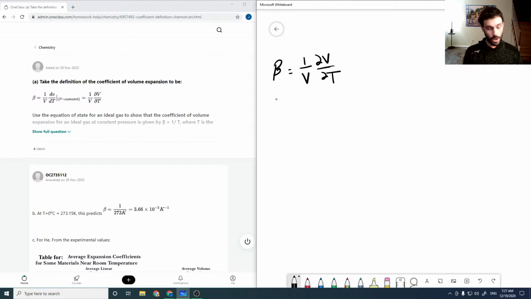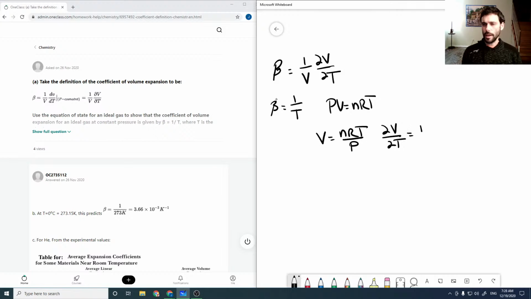And it says to show that beta is 1 over T with the ideal gas law. So the ideal gas law is PV equals nRT. Solving for volume, volume is nRT over P. So then dV by dT is nR over P.